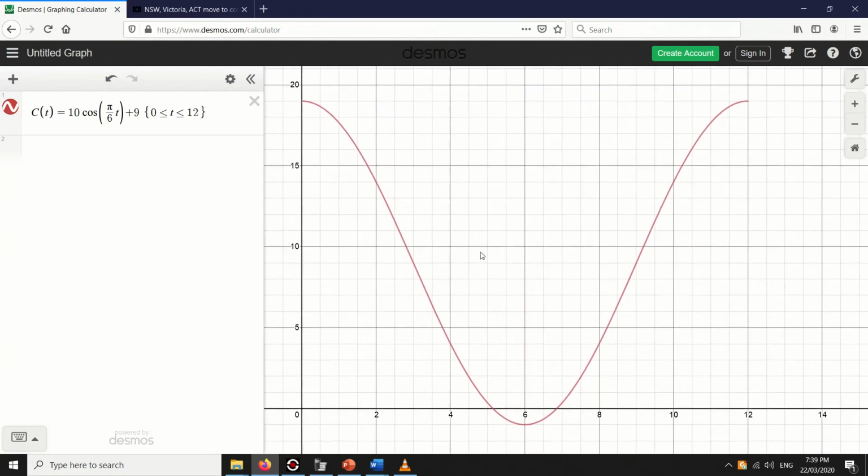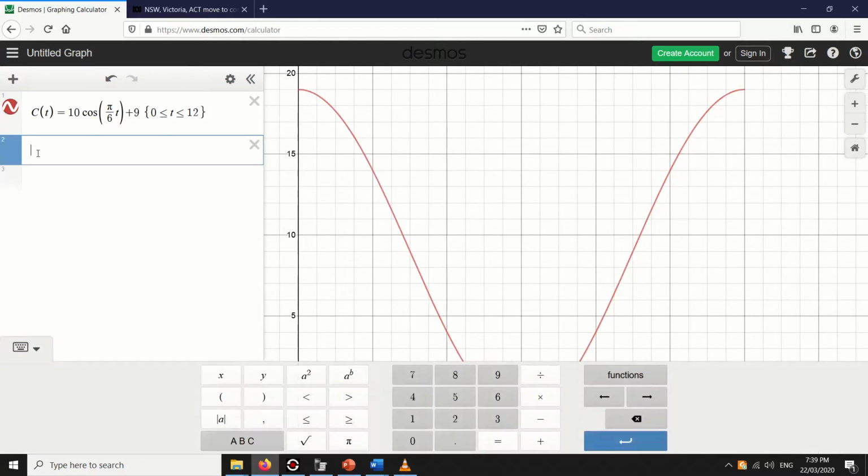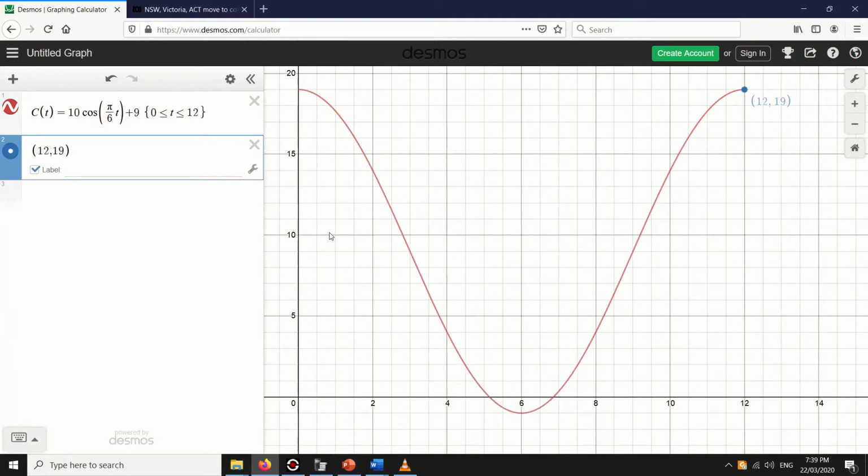Okay, here we go. So we have some clear points of interest that we can highlight. 12, 19. Show the point.